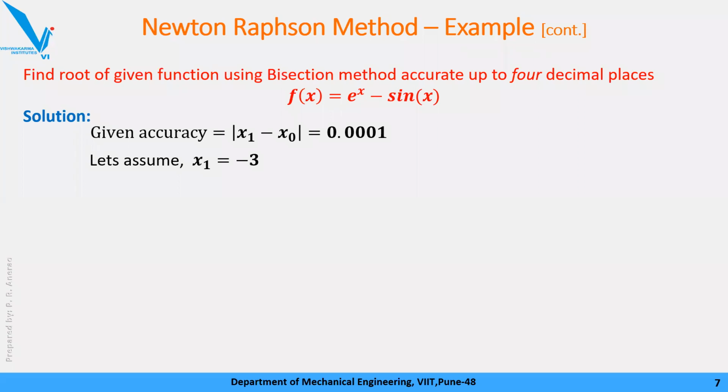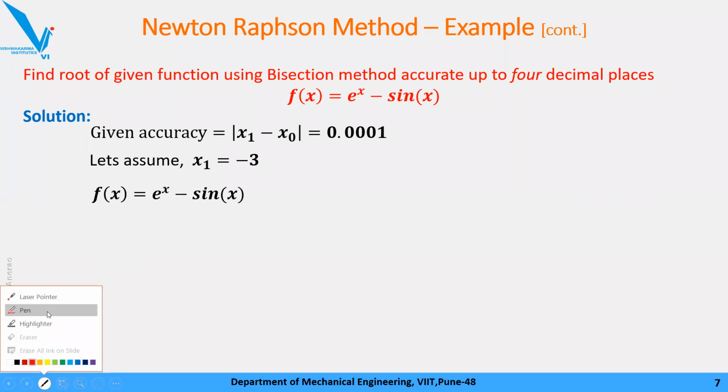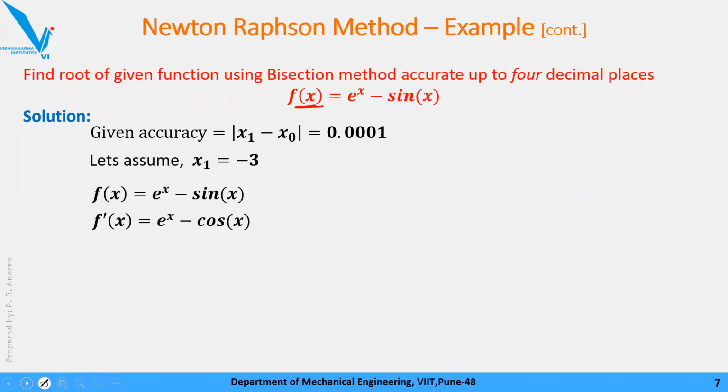So we have f of x for this equation, then we have to take the derivative f dash of x, and take the derivative once more to get f double dash of x. The derivative was easy here: sin of x, cos of x, e raised to x remains the same, and for the second derivative, minus cos of x becomes positive sin of x. Okay, fine.